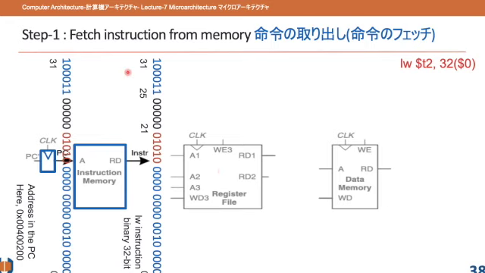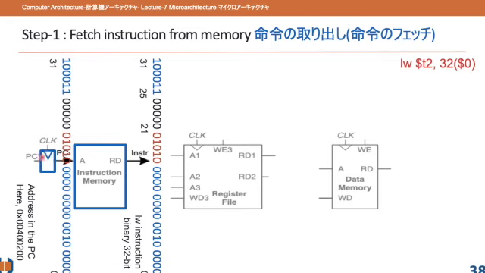Well, the first part: fetch the instruction from the memory. Keep in mind that we have a 32-bit instruction, particularly this instruction, load word t2. Here we can see this 32-bit instruction, and there are several parts of this instruction, which of course we have studied.